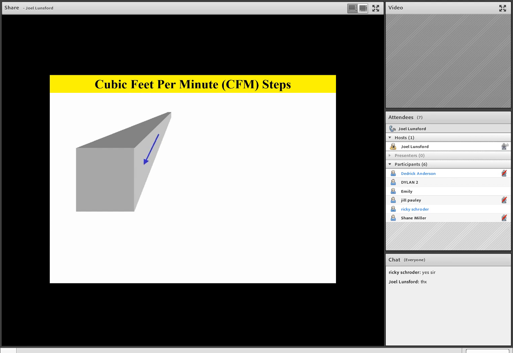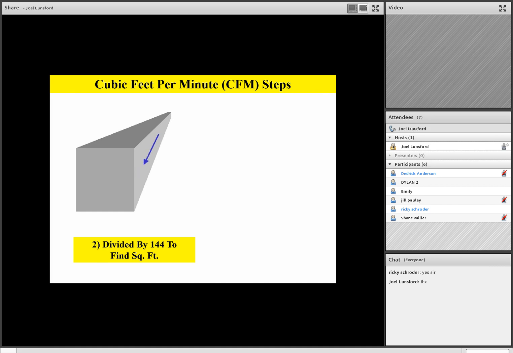And so to measure airflow, or to measure CFM using the velocity method, step number 1, we need to measure the duct opening, length times width, to find square inches. Step number 2, we divide by 144 to find square feet. Now remember, team, we always have to get to square feet if we're going to measure airflow with the velocity method. We have to know the square foot opening, or the square foot cross section of the ductwork.